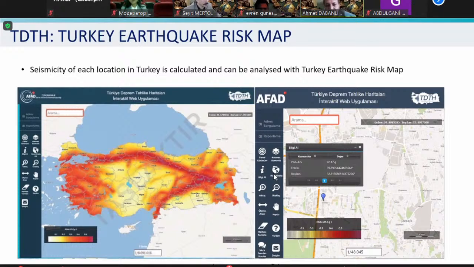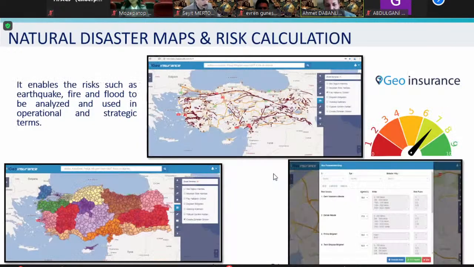In every point you can query, as if you are living in any neighborhood, you can click on your location and you can see all the disaster information. And all other kinds of disaster types are also included, and you can manage, for example, earthquake insurance.